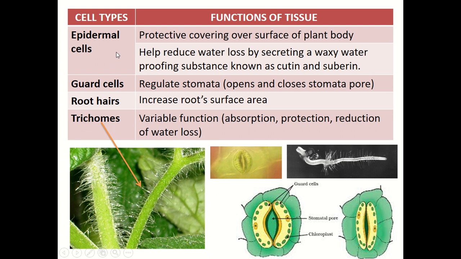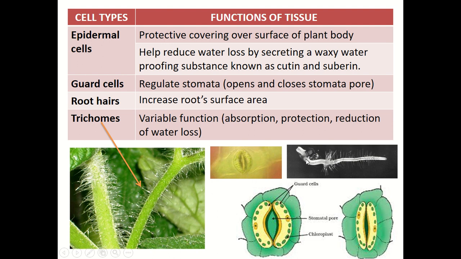The function of epidermal tissue is to cover the surface of the plant body to give protection, and also it helps to reduce water loss by secreting a waxy waterproofing substance known as cutin and also suberin. The guard cell, as you can see here, is very important to control the movement of carbon dioxide, oxygen, and also water, in which it helps to regulate the stomata.